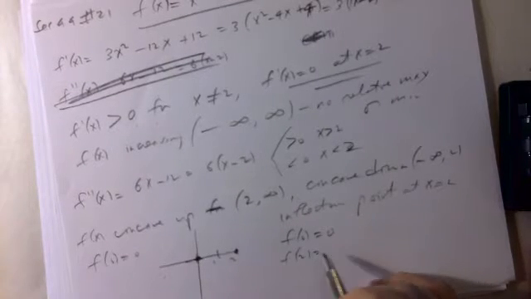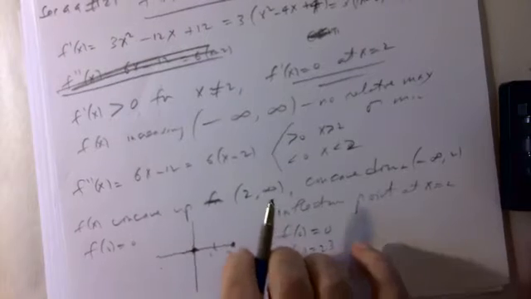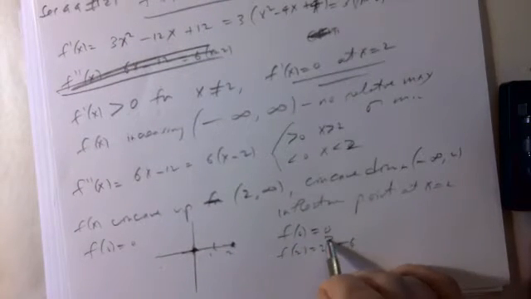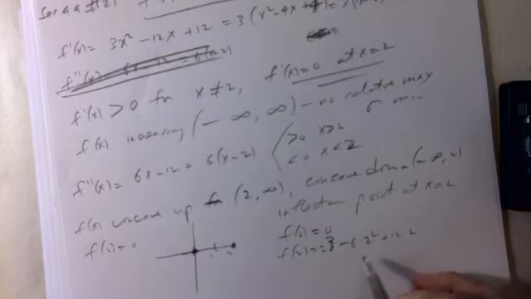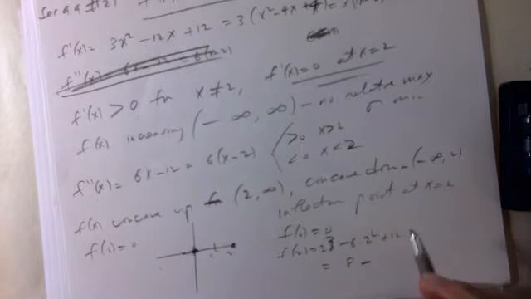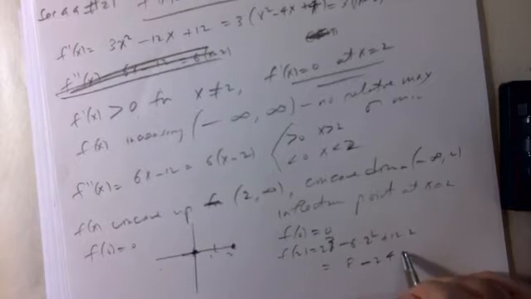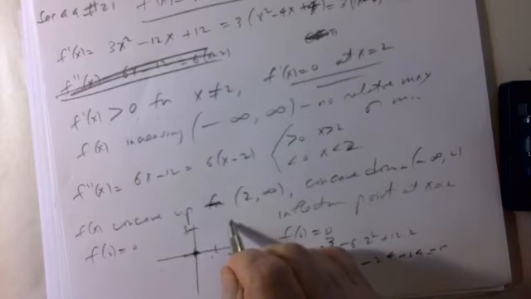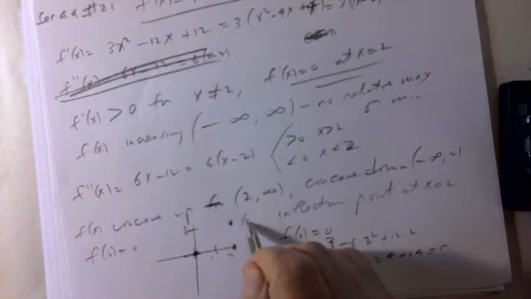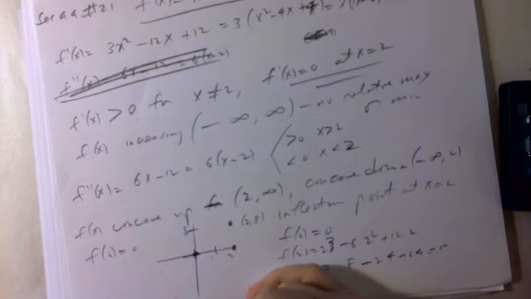What does f of 2 equal? 2 cubed minus 6 times 2 squared plus 12 times 2. This is 8 minus 24 plus 24, that's 8. So the point (2, 8) is an inflection point.